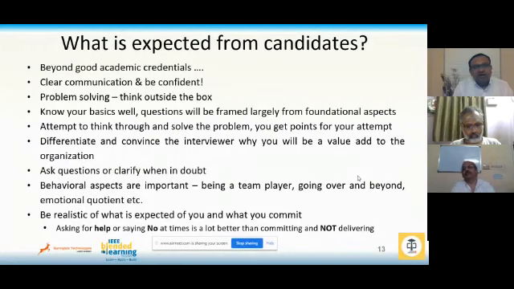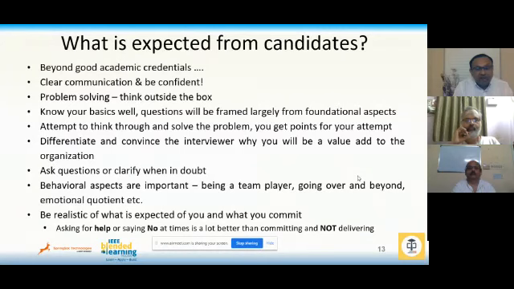Know your basics well, and most of the interview questions will be framed around the basics, right? And the foundational aspects. So clearly I call upon the engineers and the community to know the basics and then think through the question, because they are really from the foundational aspects. Attempt to think through and solve the problem. And of course, you will get points for trying to solve it, right?